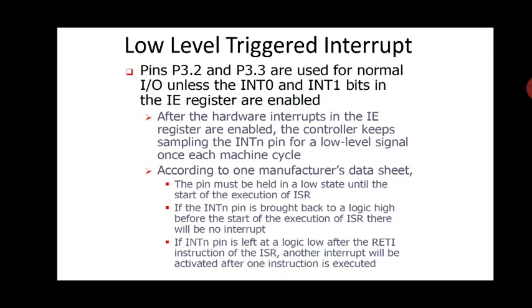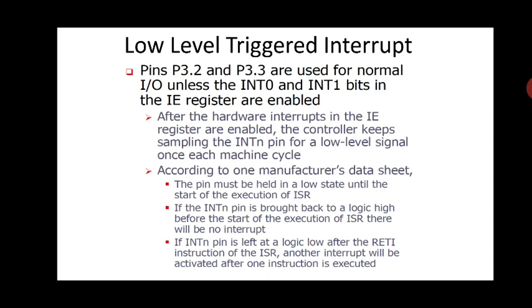Now, in the level triggered interrupt, pins 3.2 and 3.3 are used for normal input output unless the INT0 and INT1 bits in the IE register are enabled. Once the hardware interrupts in the IE register are enabled, the controller keeps sampling.